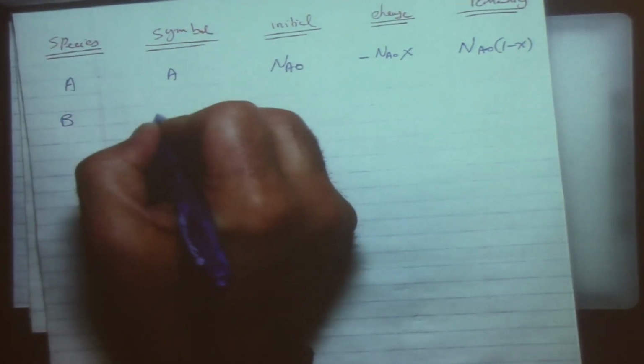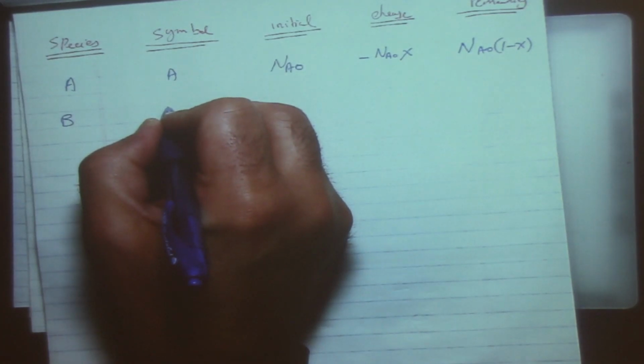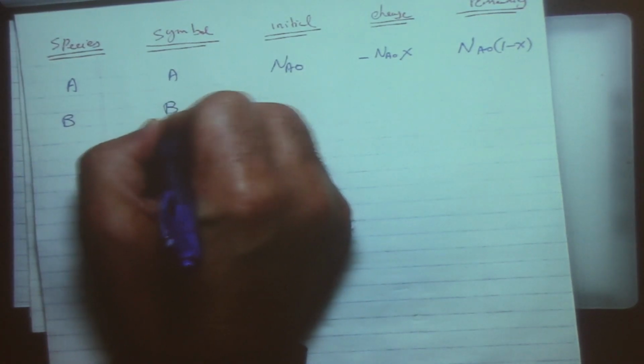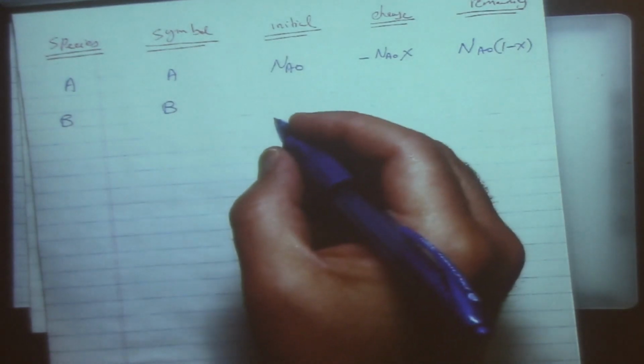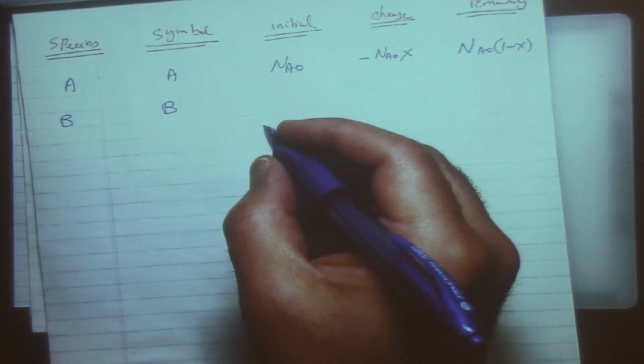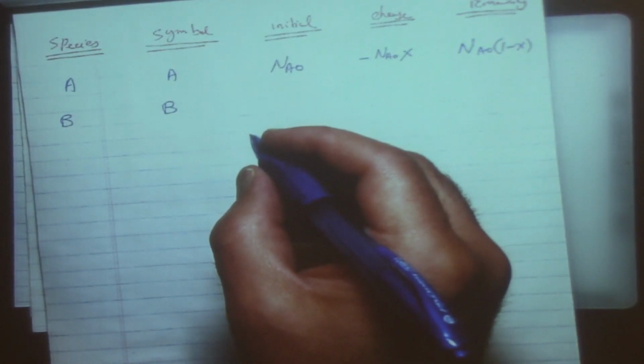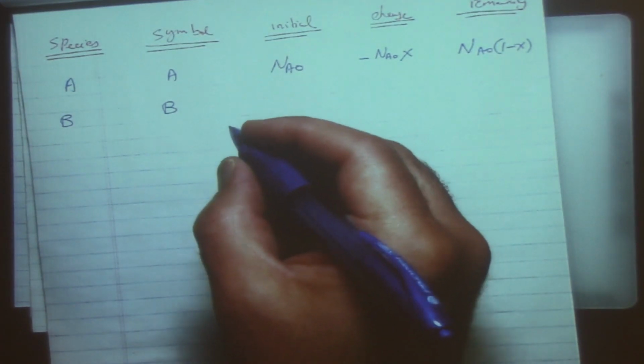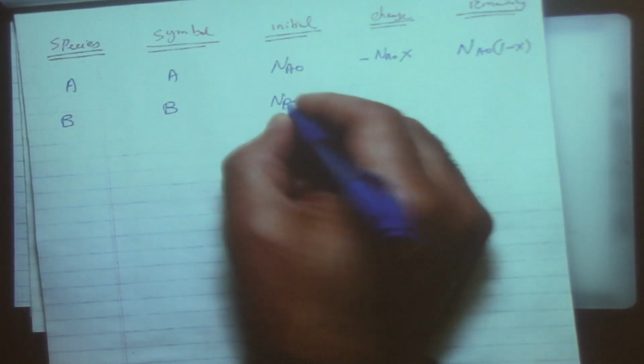Let's do the same thing with B. You help me out to write down B. In fact, you take the initiative. For B, let's assume we have NB0 initially. How much of B is used?